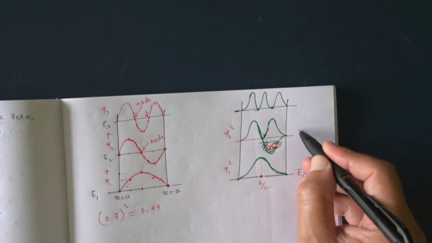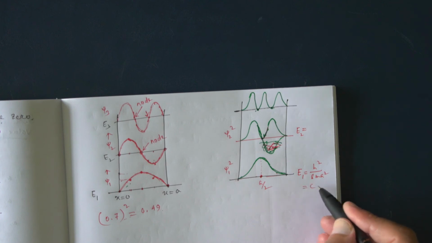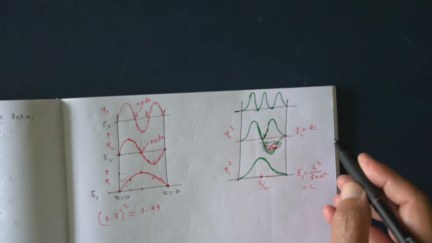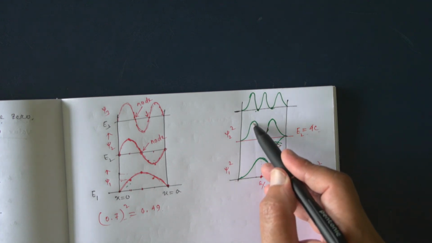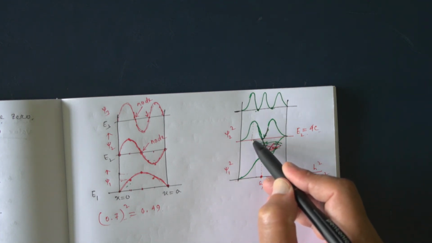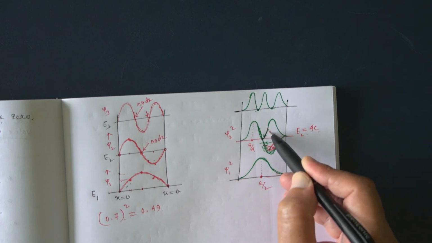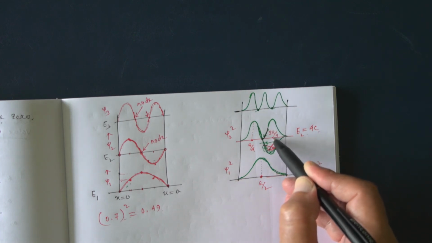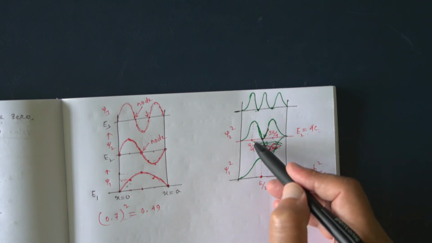When the particle is having this much energy, say this is E and here 4E, the maximum probability of finding the particle is at a by 4 and at 3a by 4, at these two points.